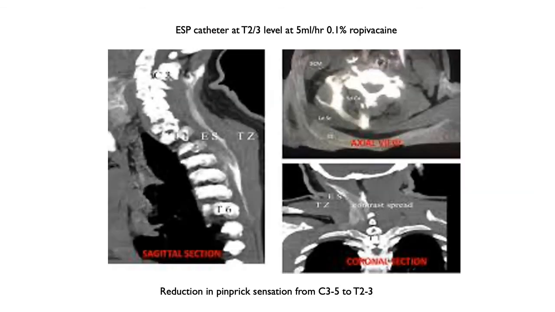Next, even if you do a T2-3 level, but just a low infusion rate of local anesthetic, this can lead to a very good spread of local anesthetic from C3 to T3, okay? And the patient can also have a reduction in pinprick sensation, okay?